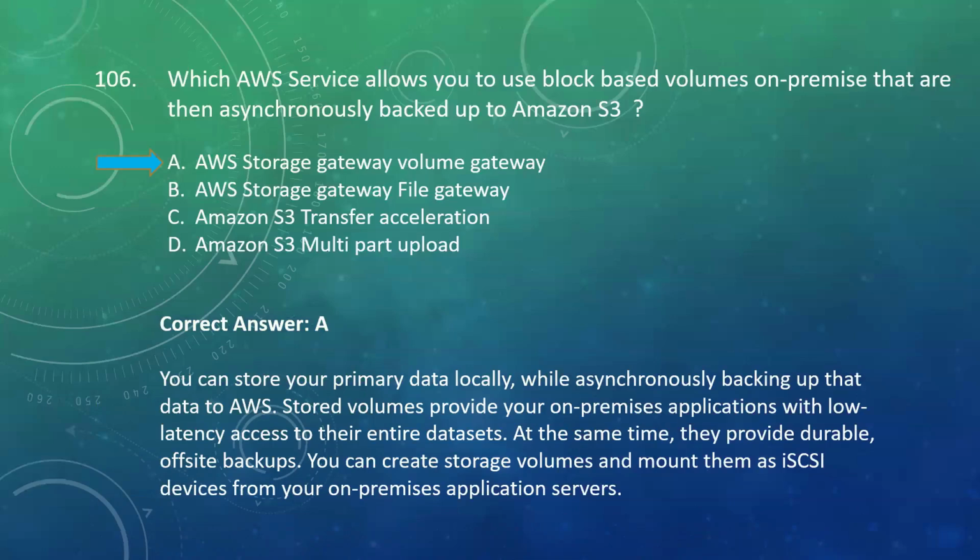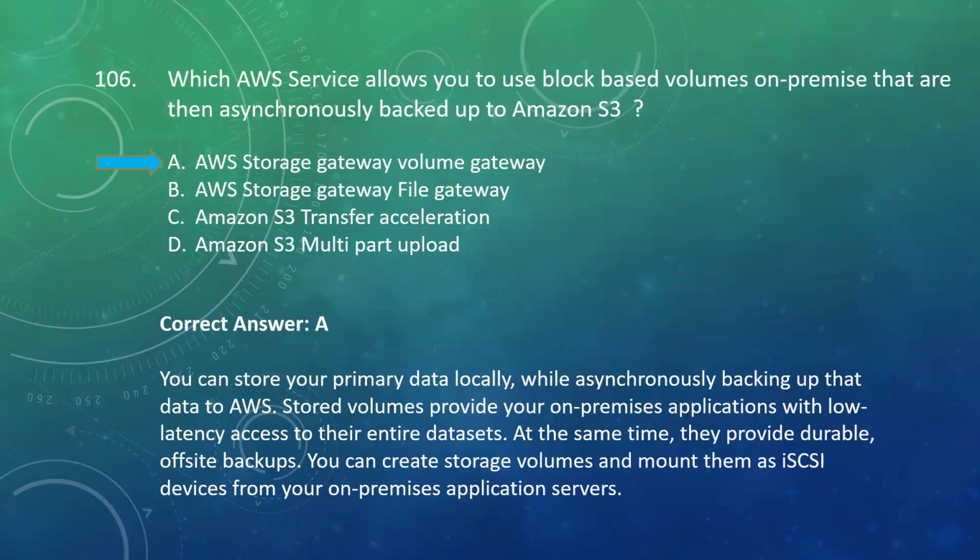You can store your primary data locally while asynchronously backing up that data to AWS. Stored volumes provide your on-premise applications with low latency access to their entire dataset. At the same time, they provide durable offsite backups. You can create storage volumes and mount them as iSCSI devices from your on-premise application servers.